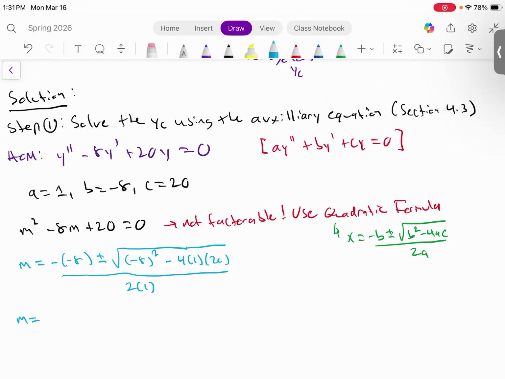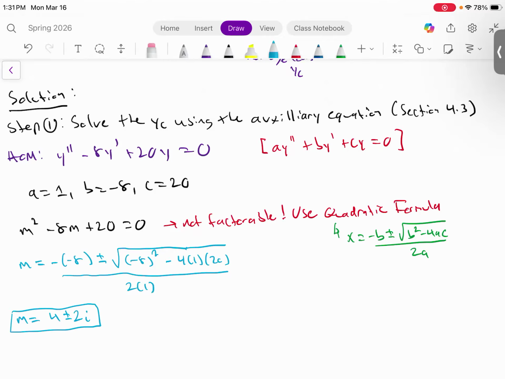What this dwindled down to is 4 plus or minus 2i. That is our root from our auxiliary equation.